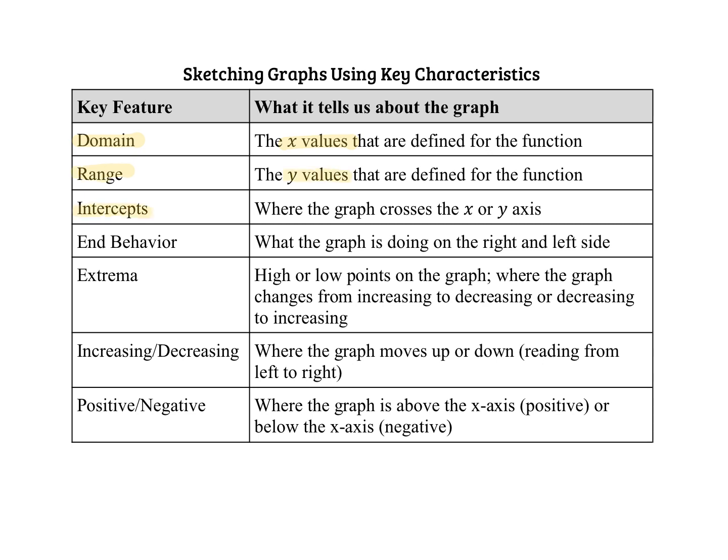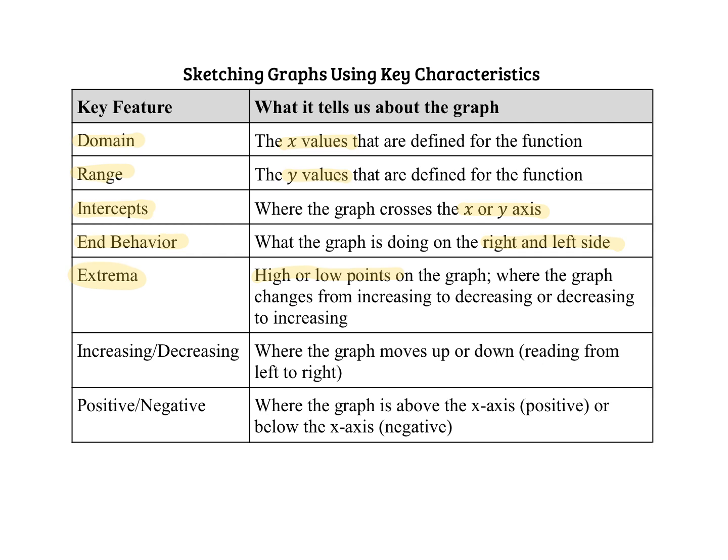Perhaps you'll have information about intercepts, which could be where it crosses the x or y axis. You might be told about the end behavior, so that would kind of help you decide what your graph is doing way to the right or way to the left. You may have information about the extrema, so you might have absolute maxes or mins, highs or low points, or you might be given relative maxes or mins.